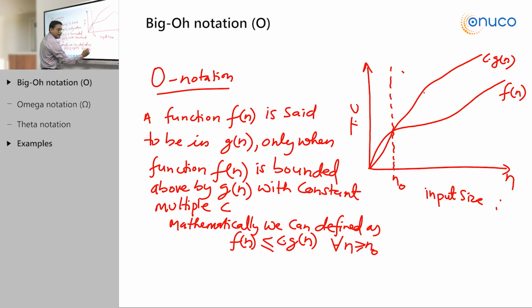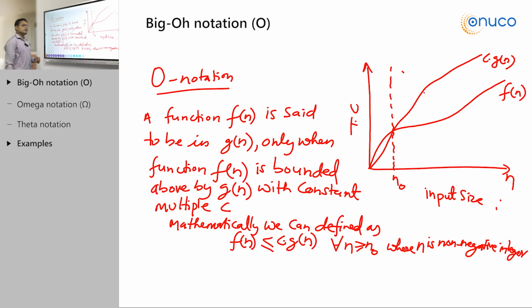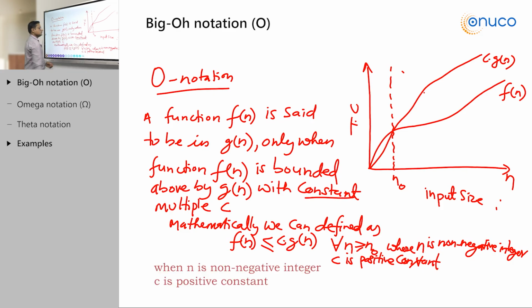Here n is a non-negative integer. Then what about c? c is a positive constant.